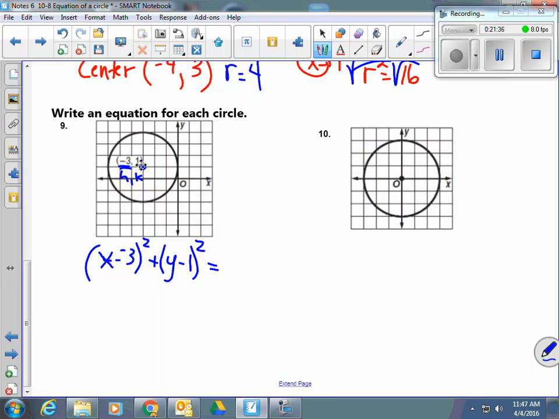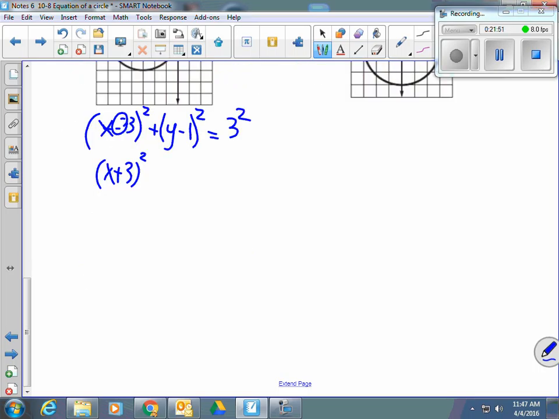Well, wait a minute, what's my radius? 3, because it goes from the center to the edge. So here I have a minus and a negative, so this would be x plus 3 squared. And then y minus 1 squared. What's 3 squared?